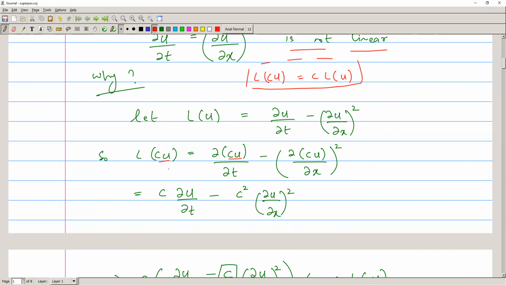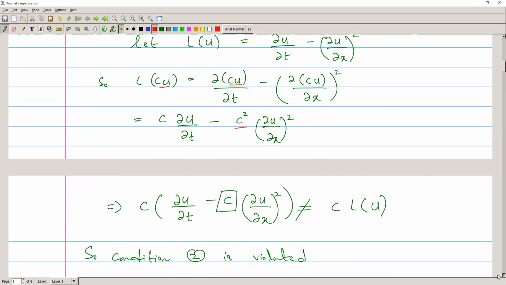Now you can check that this c is constant, so we can move it out. So it will be c ∂u/∂t minus, then there is a square on this function, so when we take this c out, it will be c squared outside.